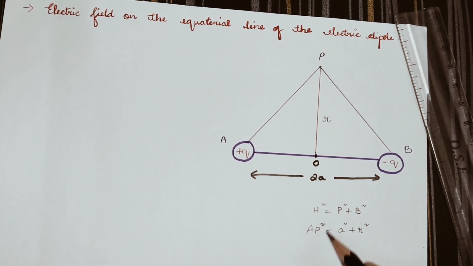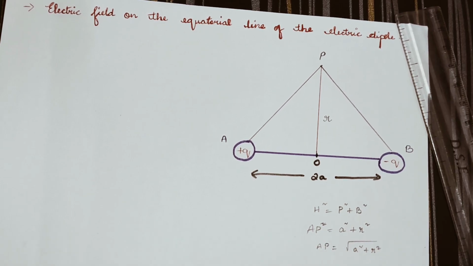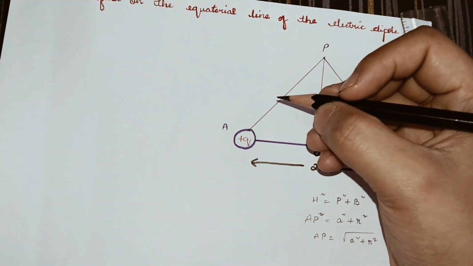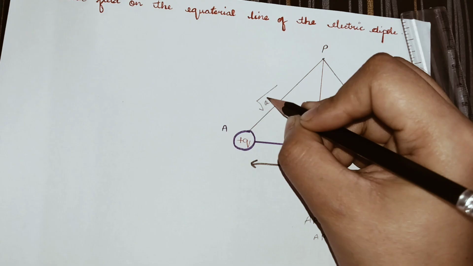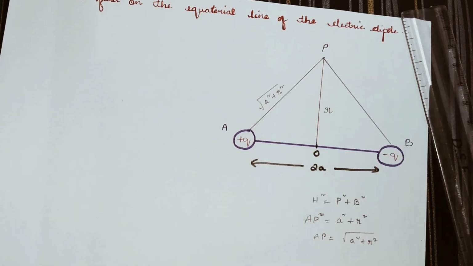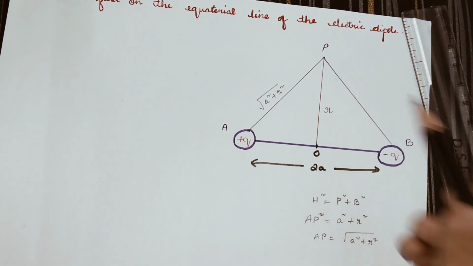Now if I remove the square from this side, I would have AP is equal to root over of a squared plus r squared. So the distance from A to P is root over a squared plus r squared. Likewise, it will be the same for the other side as well.